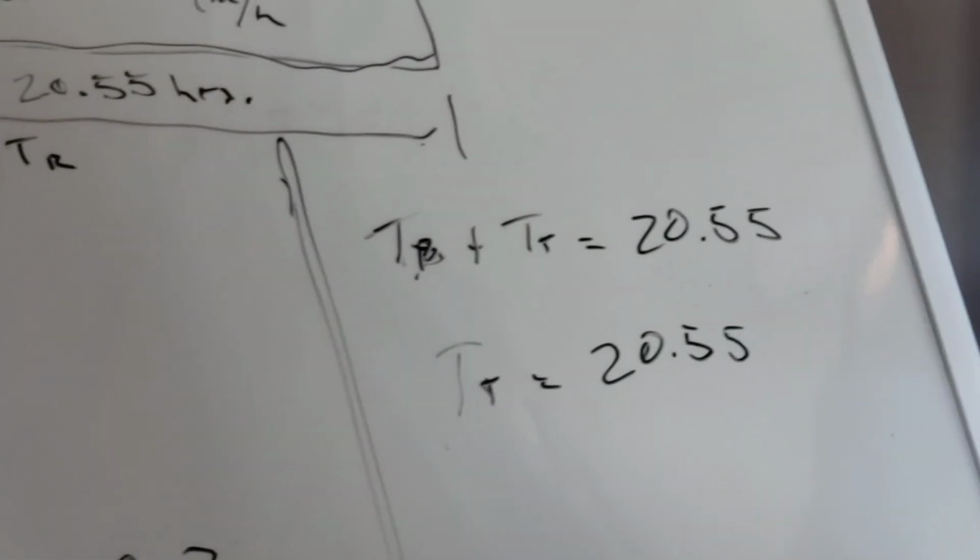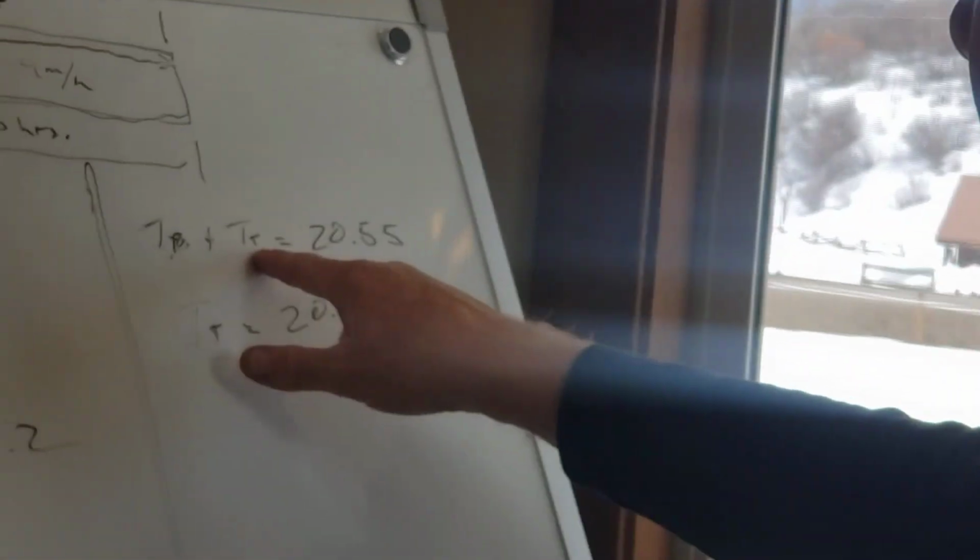The total time. And so we can either solve for time of biker or time of runner. What do we want to solve for? Let's solve for time of runner because it's going to be easy math. Time of the runner is equal to what? I'm solving for TR.